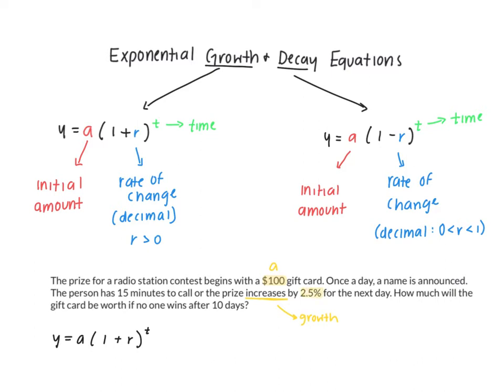Now remember what I said when we were labeling the equations. Typically, you'll be given the rate of change in a percent, and you need to put it in a decimal. So this should tell us that our rate of change, or R, is going to be 2.5%. And then lastly, the question is asking us how much the card will be worth after 10 days. So 10 days is the time frame that we are working with this problem. So that is going to be t.